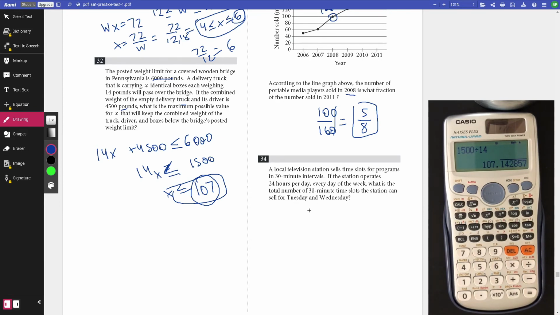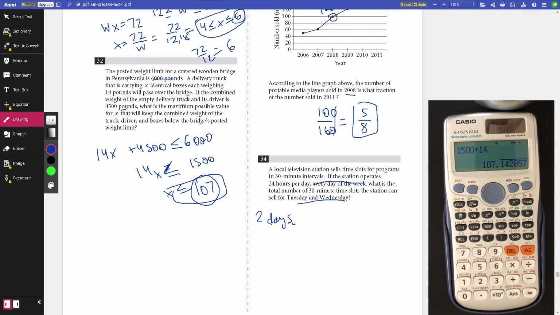Okay, so we're looking at 2 days. This is irrelevant. So we have 2 days.